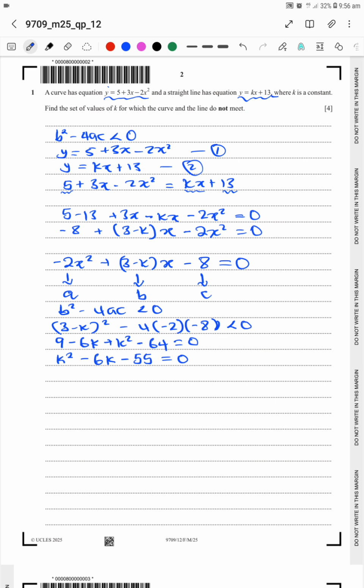Otherwise, if you want to factorize this, we can equally factorize it by taking negative 55 and looking for two factors of that.